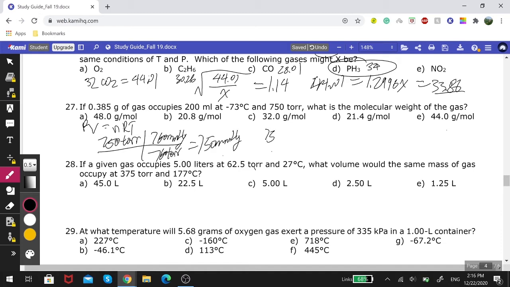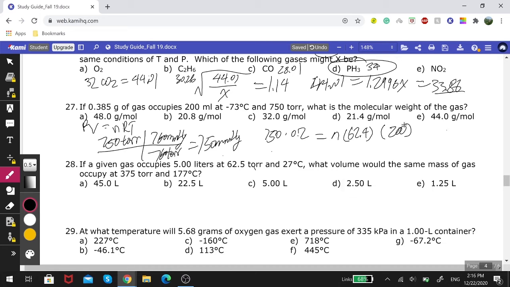Now I have 750 mmHg times 0.2 liters equals, we're looking for the number of moles, which is N, times R, which is 62.4 again, since we're using mmHg, times temperature, which is negative 73 plus 273, which is positive 200.